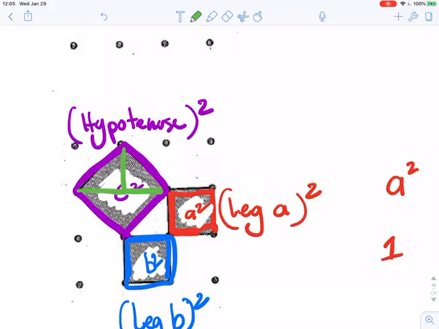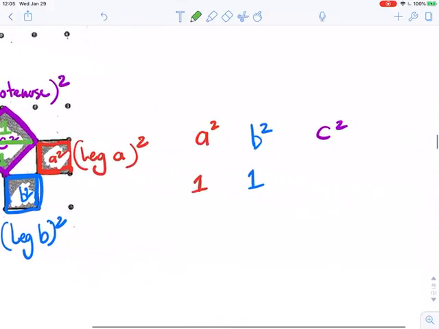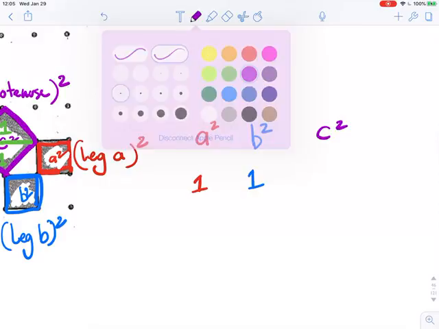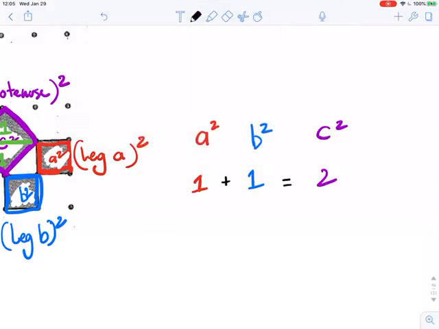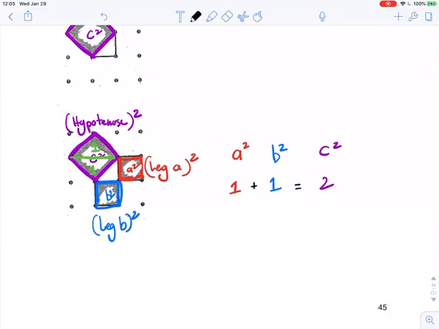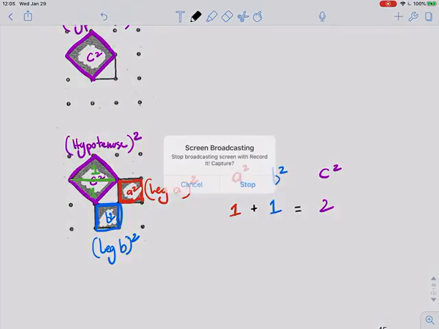It has a triangle that is a 2 by 1, so that makes this 1 unit and 1 unit. So then C squared is 2. So A squared plus B squared equals C squared. I'm going to break your video down into two parts. I'm going to pause it right here.